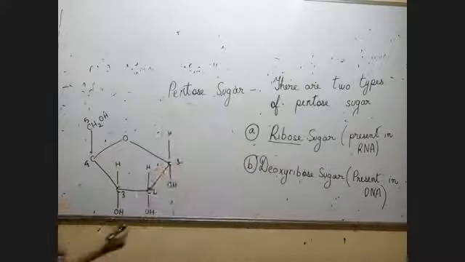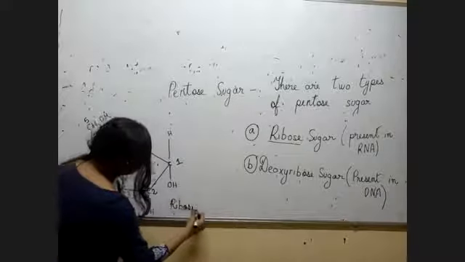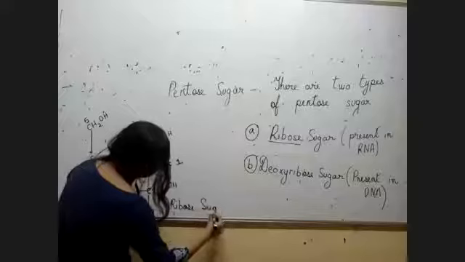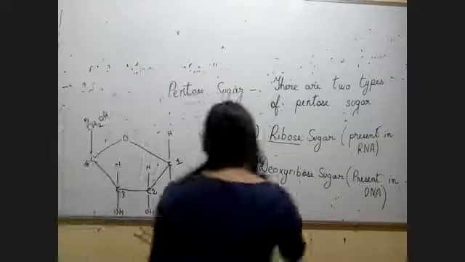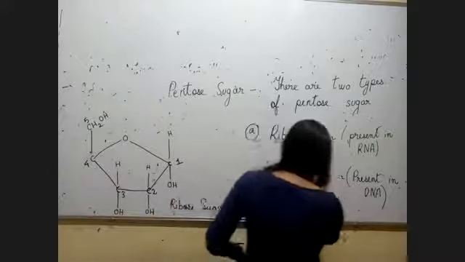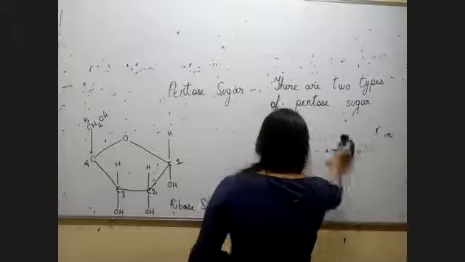So this is the structure of ribose sugar. Pentose sugar, deoxyribose sugar structure is the same except in one condition, that is in carbon number 2 there is no oxygen.